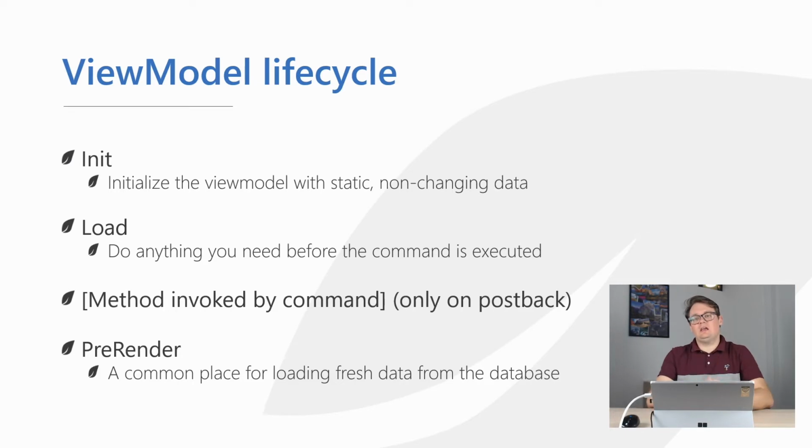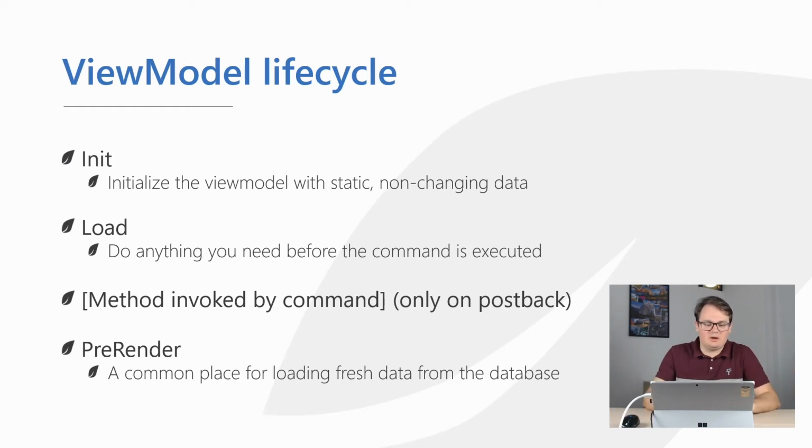So in init, you typically want to load static information, non-changing data, something like a list of countries, or list of currencies, or some constants, or some application settings and things like that. Things that never change, because you don't have the current information, the current state from the user.